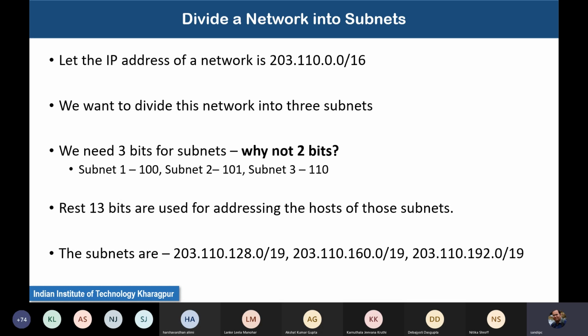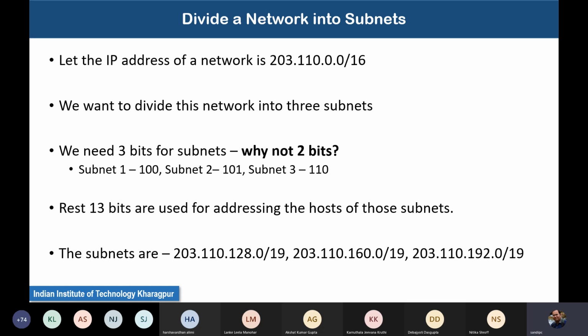Well, and then you decide about the subnet IPs. What are the subnet IPs? Again, as I have mentioned, while designing the subnet IPs, try to avoid all 0 and all 1. Say for subnet 1 I assign 100, for subnet 2 I take 101, and for subnet 3 I take 110.